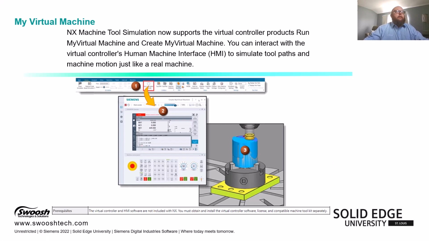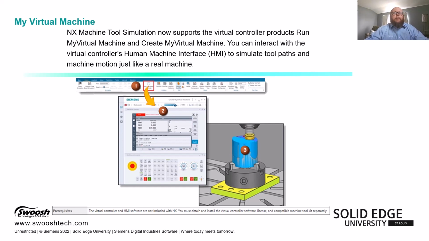All right, my virtual machine. So my virtual machine is taking an existing product, which is for Siemens machine controls. There's a product called Sinutrain, which is essentially an offline virtual controller of the machine.